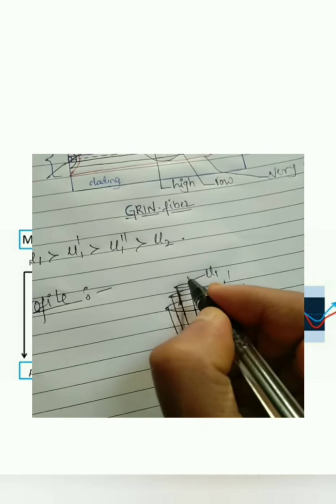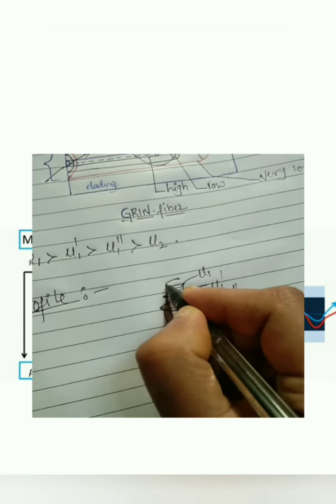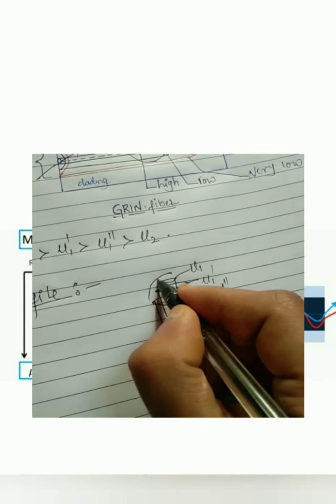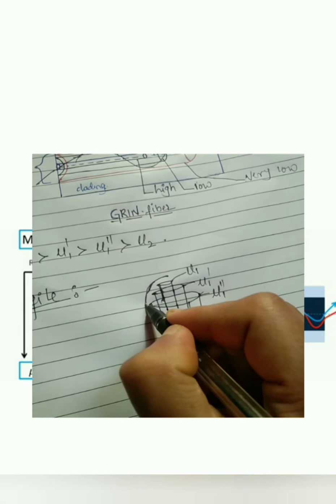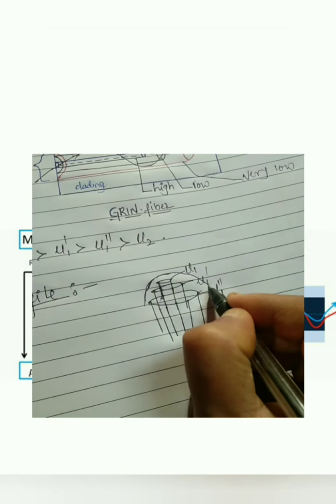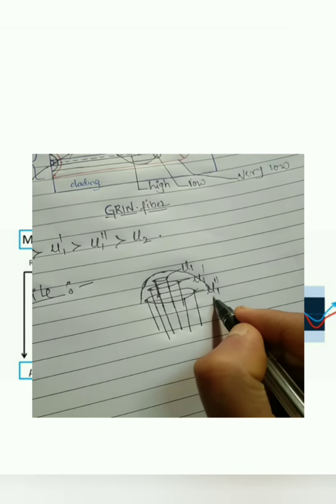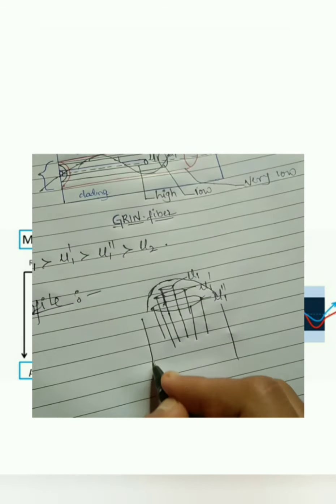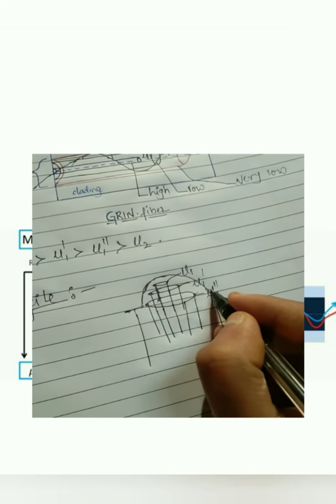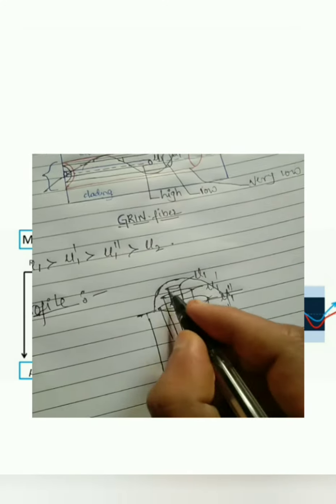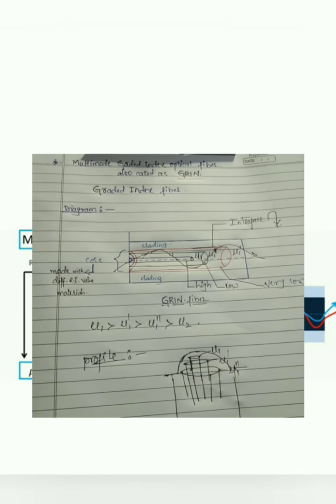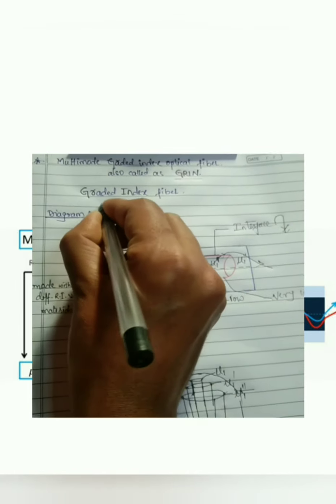How is this index profile made? It gradually decreases. Just observe here: gradually decreases. And here a core is present. Inside, a sinusoidal wave is passing. This interesting and very special optical fiber is called graded index optical fiber.